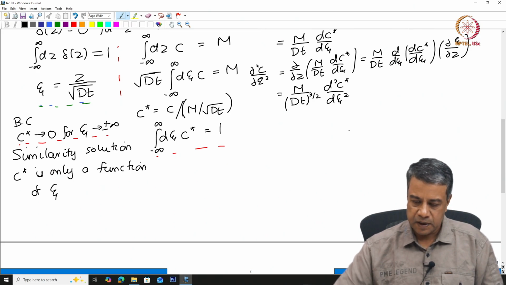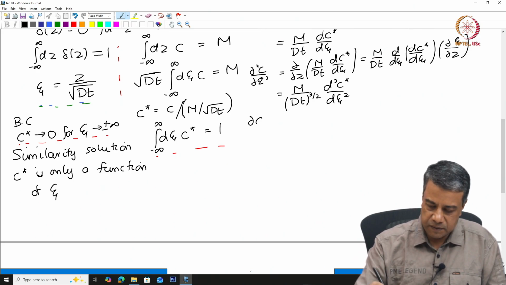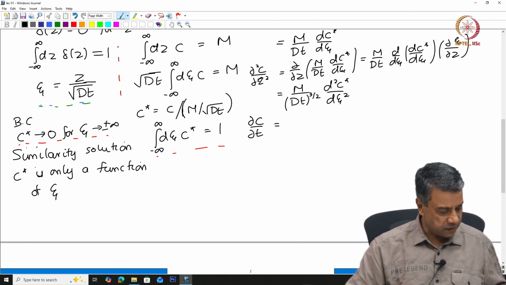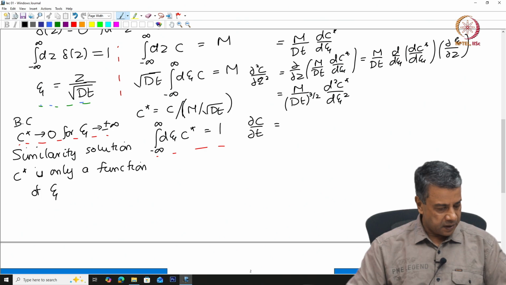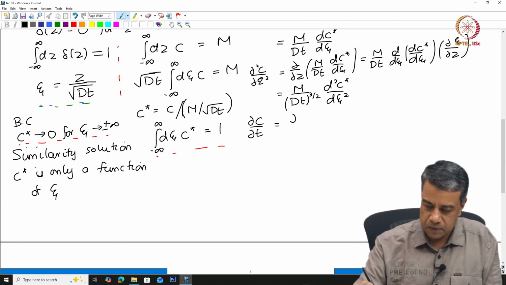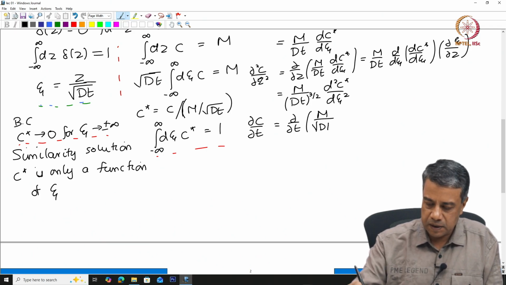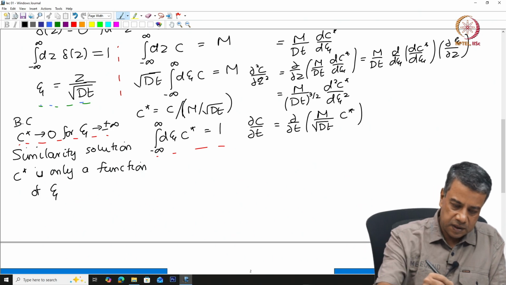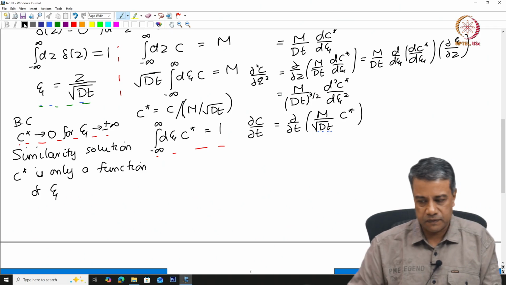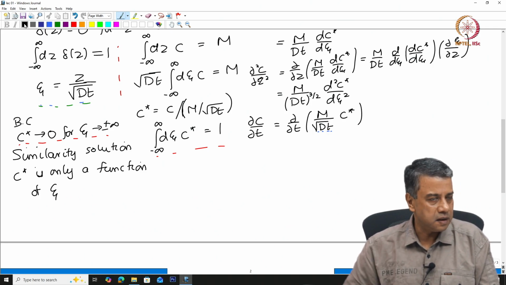The third term is the partial derivative with respect to time. This is going to be equal to partial by partial t of m by root Dt times c star. Note that within the integrand we also have a time dependent term over here, so we have to take the derivative of that as well using differentiation by chain rule.